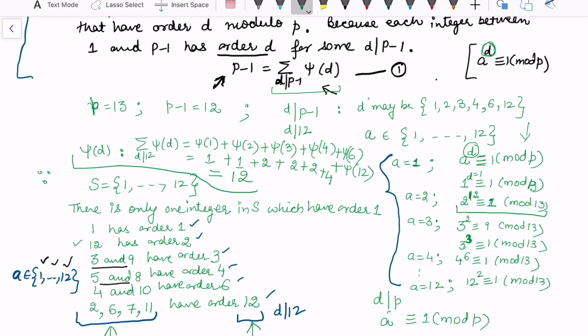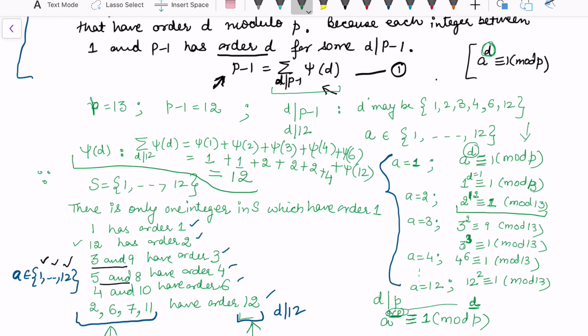So here we should have phi P, and to search for it, we have considered the list of the divisors. Each divisor is treated as an order, which is the smallest power that makes this congruence hold.